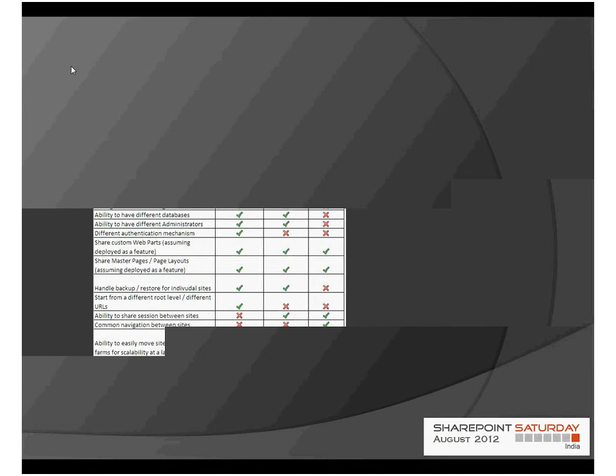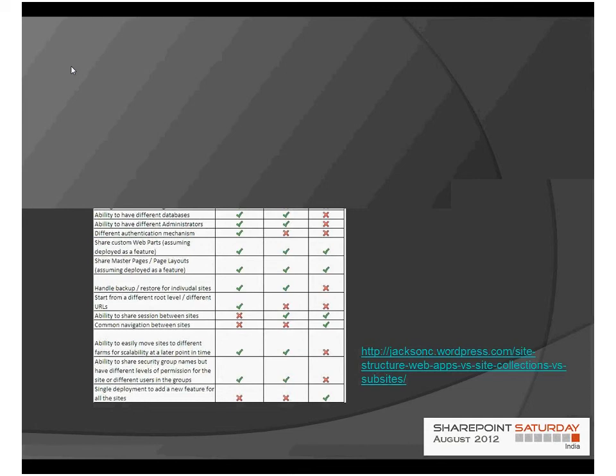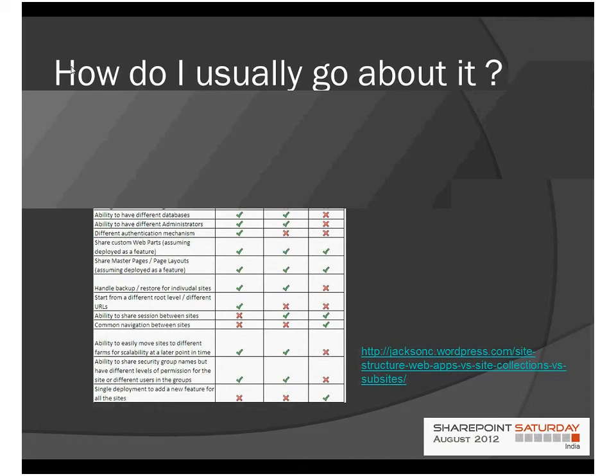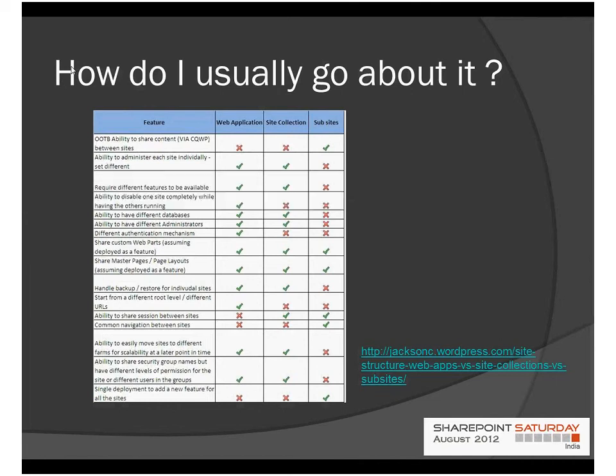There are some fields that I keep adding on as I go across various implementations, and based on the weightage, I can see what actually makes more sense, and then decide on how I would want to structure the sites. And of course, all of this would have to consider all the boundaries and limitations I've talked about earlier.